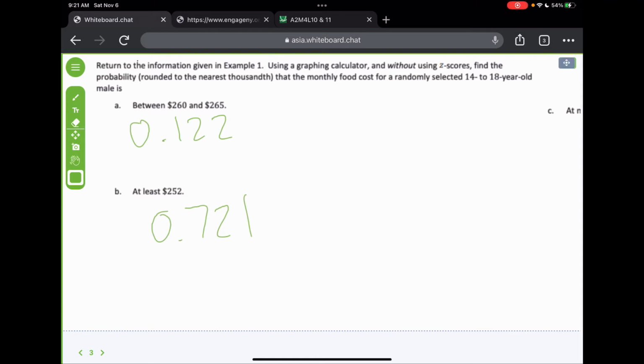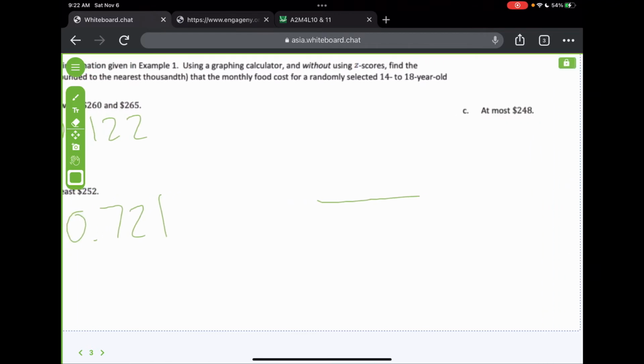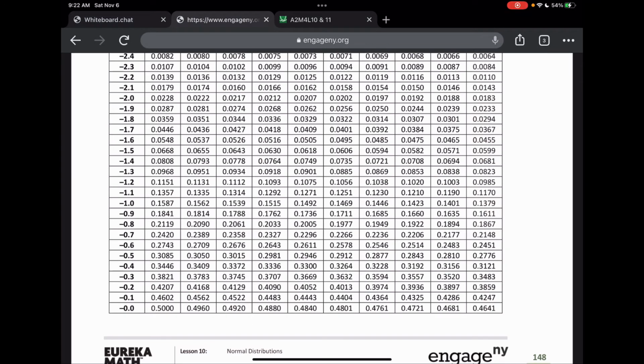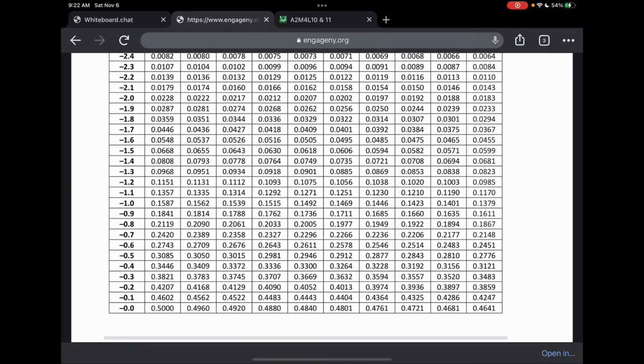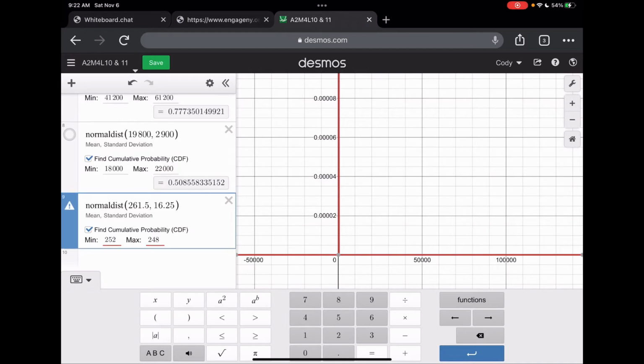Now, let's go over here to at most 248. Well, when you do at most, that would be the max. So 248. And we would get rid of this minimum.